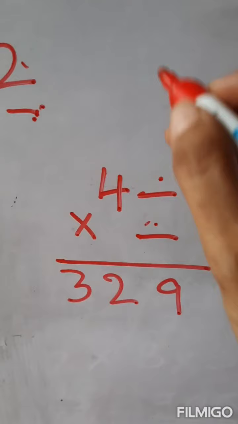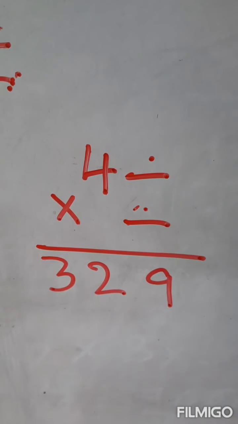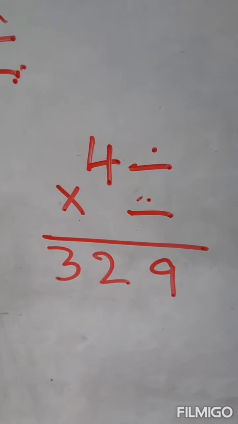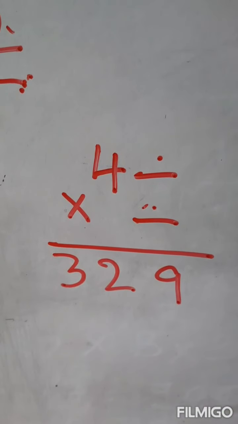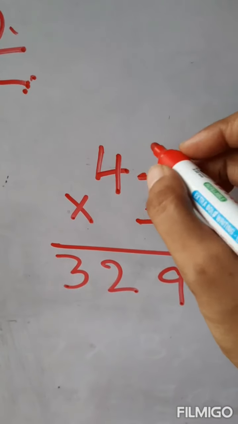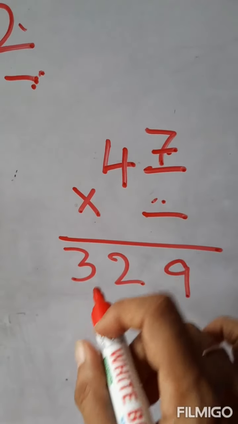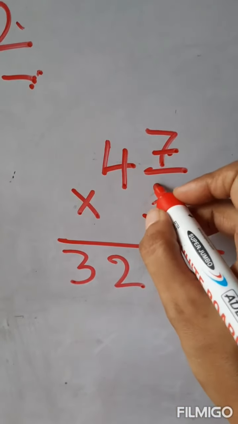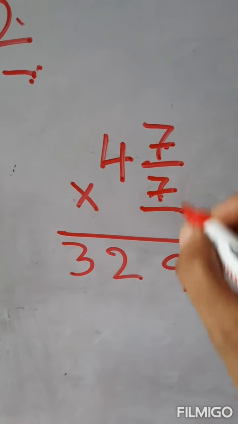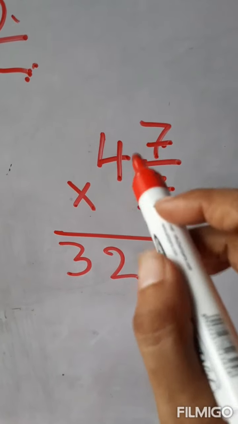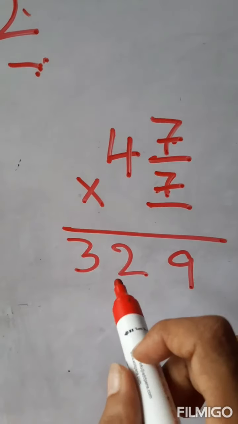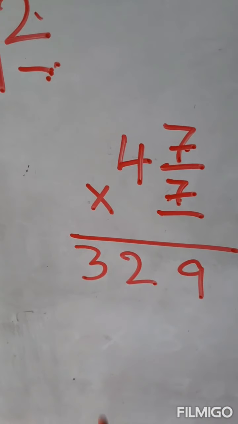Now we know that 3 into 3 is 9, and 7 into 7 is 49. Both of their squares end with 9. So let us try with 7 only, because 3 into 4 is 12. 7 sevens are 49. 28 plus 4 is 32, so we get 329.